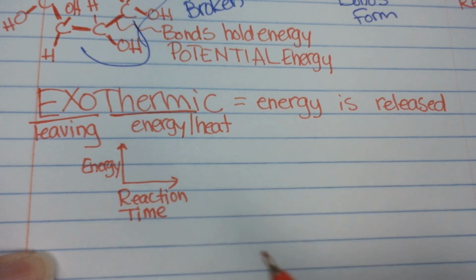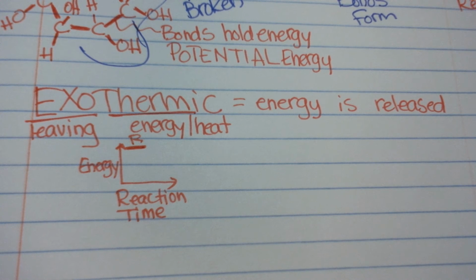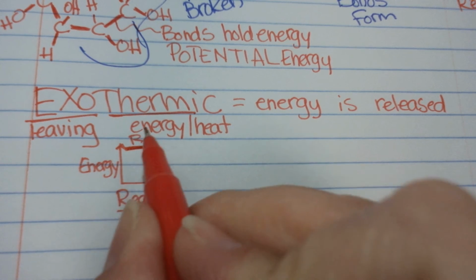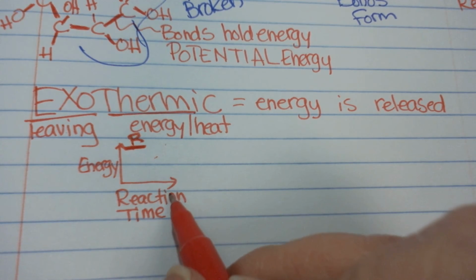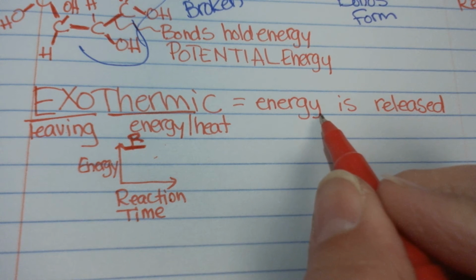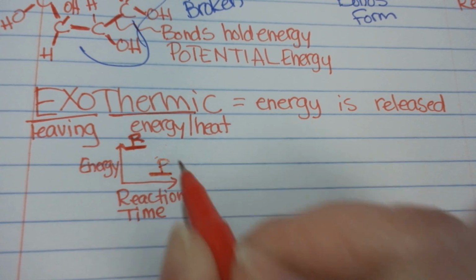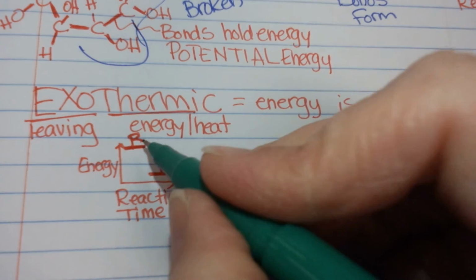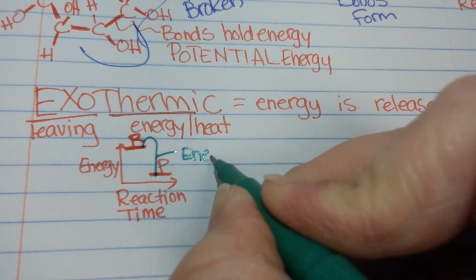So for an exothermic reaction, our reactants, well, don't we always start with reactants? All the time? Yes, reactants start the reaction. Over here, are the products going to have a higher energy or a lower energy? If energy is released, the products are going to be lower. So we have this concept. This is the energy that's released.